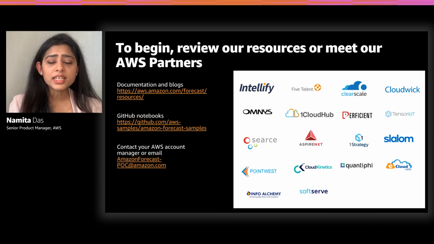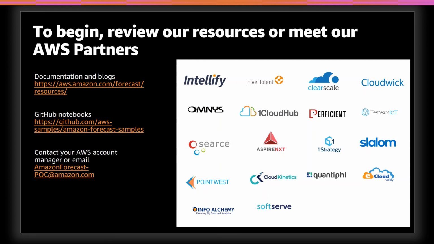To get started, I recommend going through some of our resources and also our notebooks, which will take you through a step-by-step process of using the API. We also have a plethora of partners who can help you get started in executing a POC and also integrating with your in-house systems.